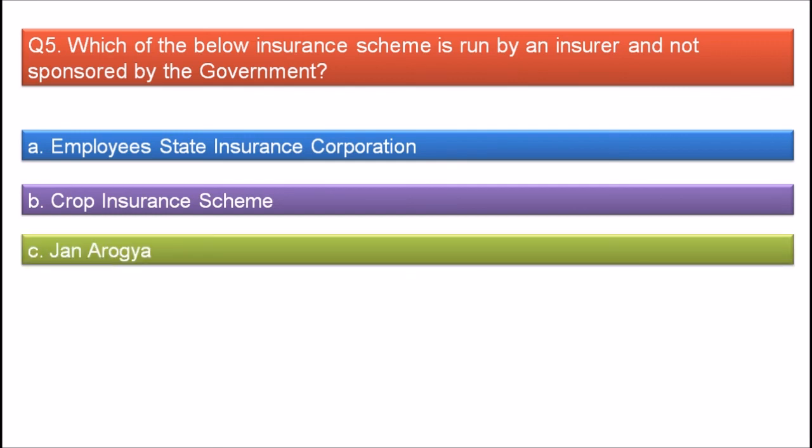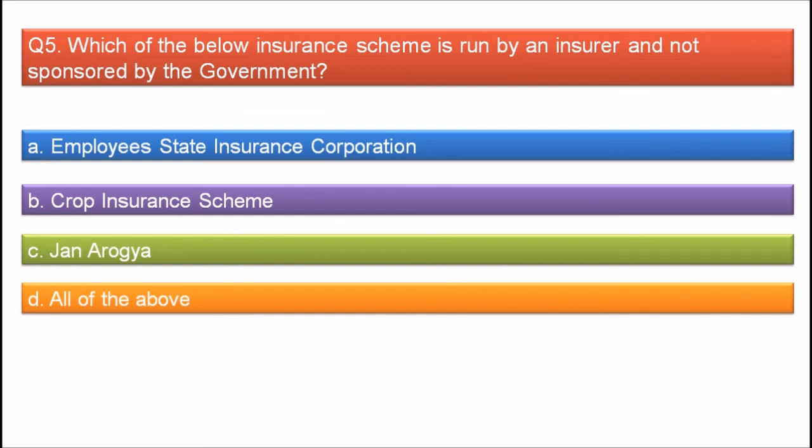Jan Arogya, just now I said Jan Arogya is the scheme run by an insurer, not sponsored by the government. All of the above? Most of the people choose this D. D is wrong. A, B also wrong. Most people choose D, but they get 0 marks. What is it? The answer is C. Jan Arogya is run by an insurer. It is not a government sponsored scheme.